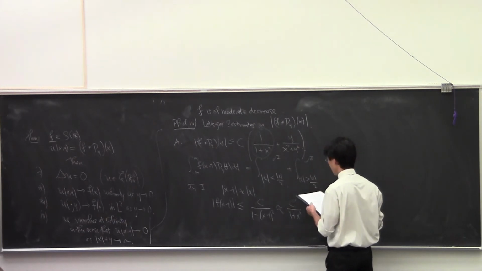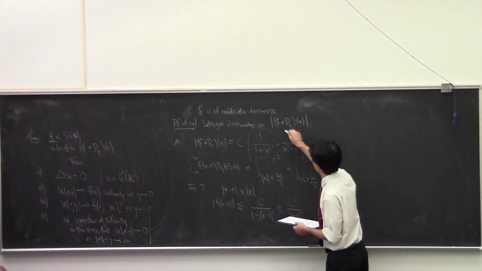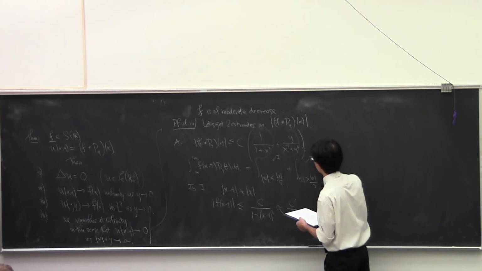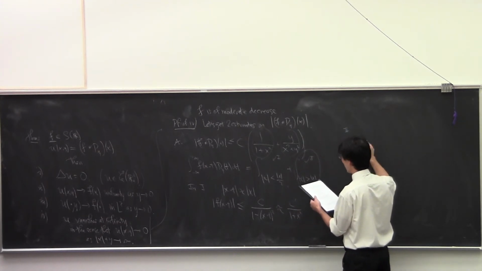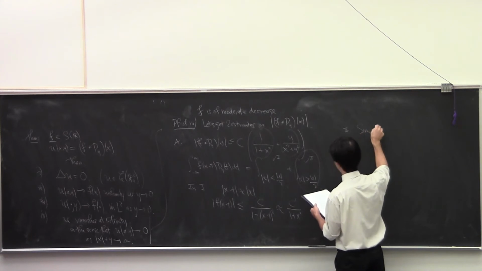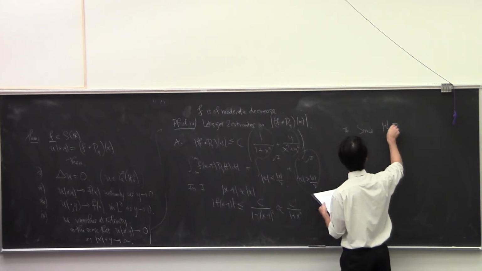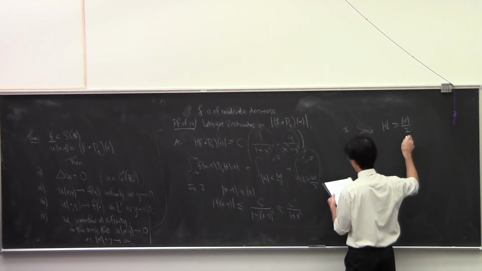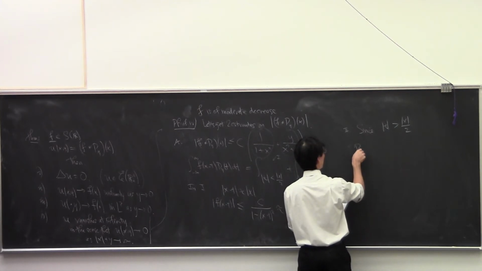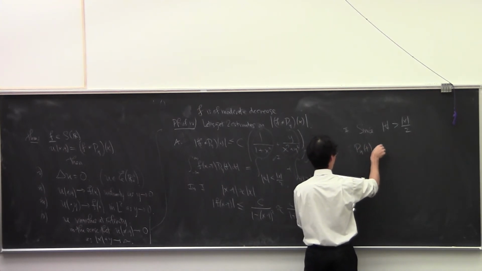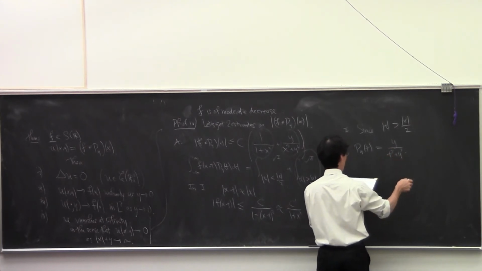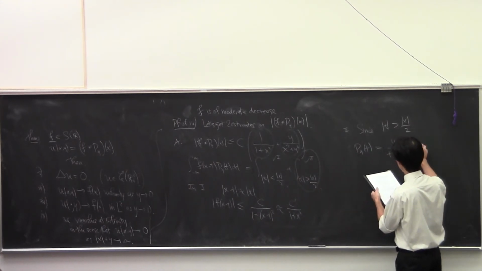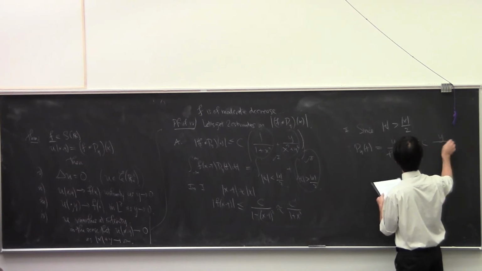Right? Okay. And then for the second integral, we use the fact that since t is bigger than x over 2, well, we know that p_y(t), which is y over t squared plus y squared, is bounded by some constant c over x squared plus y squared.